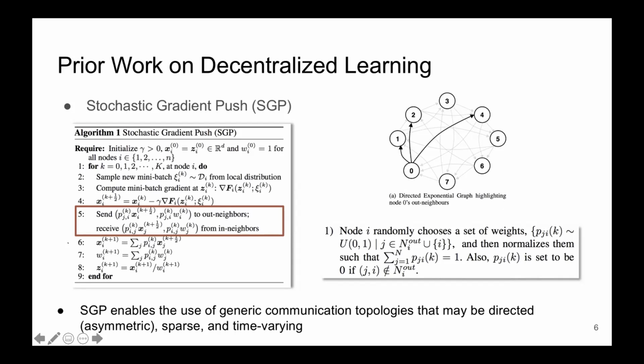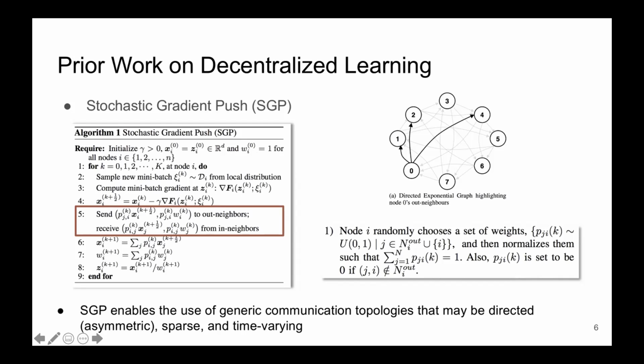So in this loop here, each node has three variables: the model parameter x_i here, and a scalar weight w_i. This weight is a scalar, not a vector, and equals 1 initially.